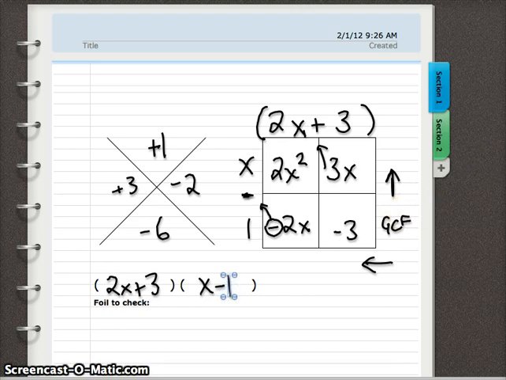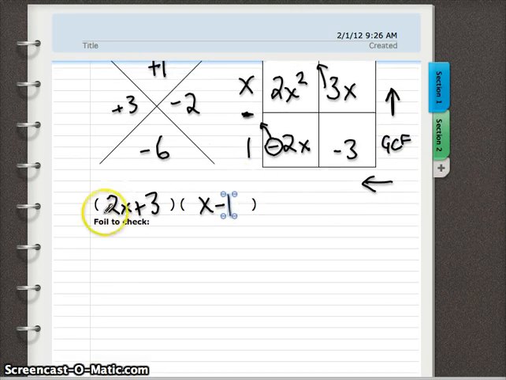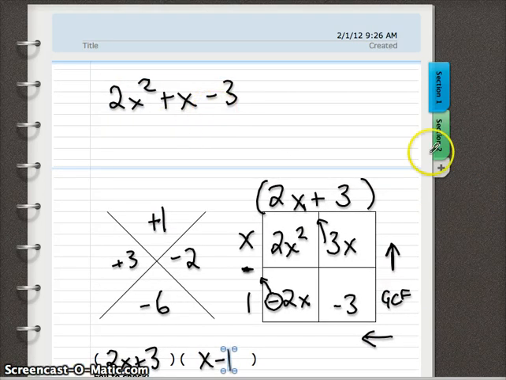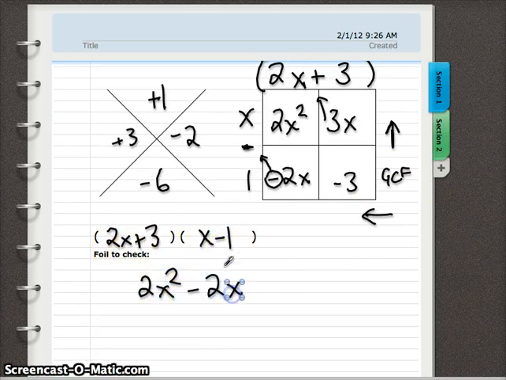It's always nice to FOIL and check to make sure that you factored correctly. So if we FOIL this, we should get what we started with, 2x squared plus x minus 3. Let's see if that happens. 2x times x is 2x squared. 2x times negative 1 is negative 2x. 3 times x is positive 3x. Oops, we forgot the x there.